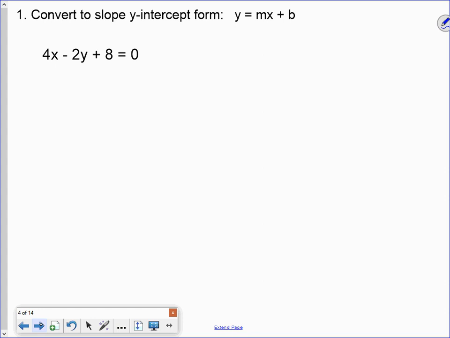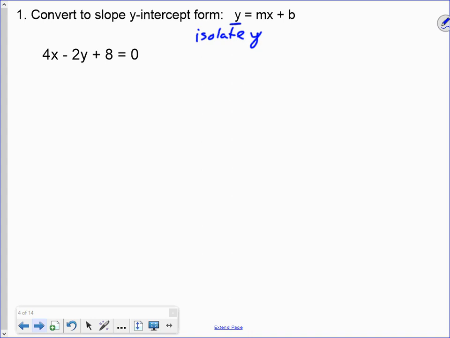Okay, y equals mx plus b. They're giving this to us in standard form here. And if we want slope y-intercept form, we want y all by itself on one side of the equation. So we want to isolate y. Okay.